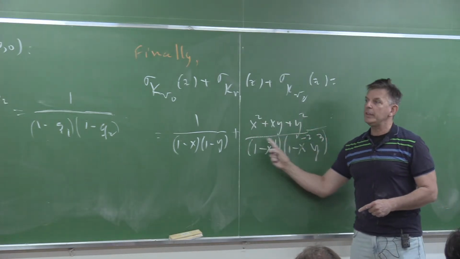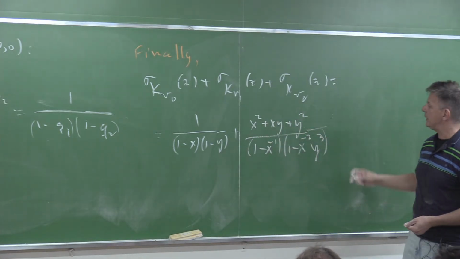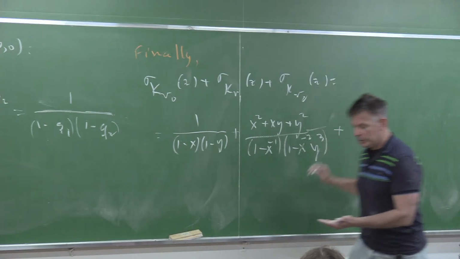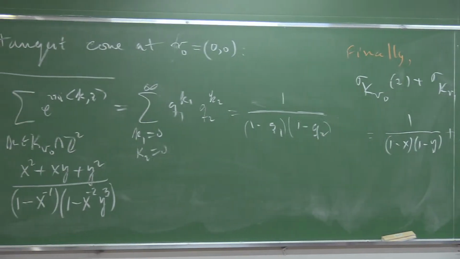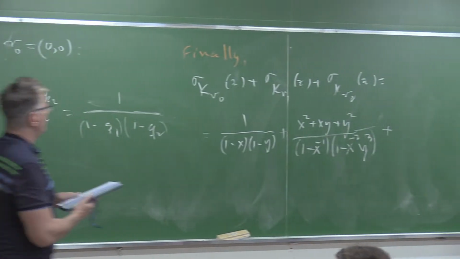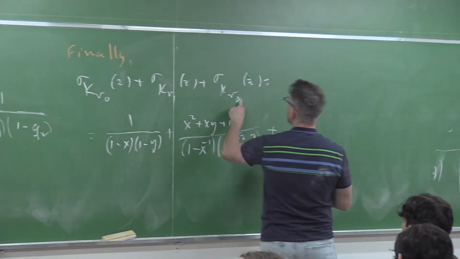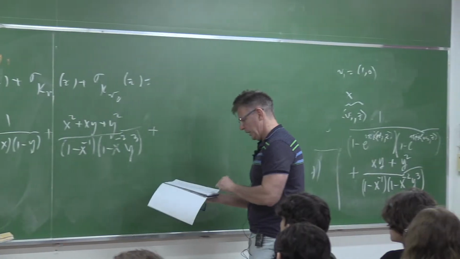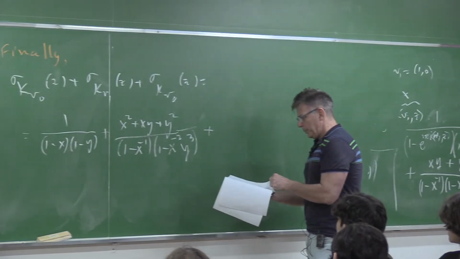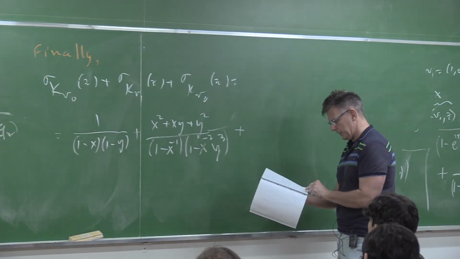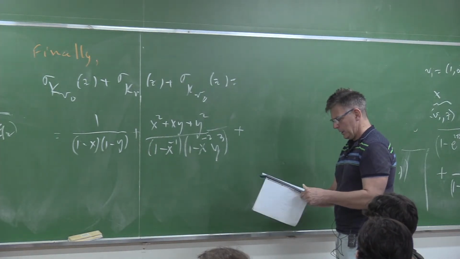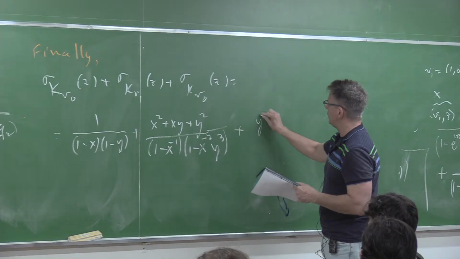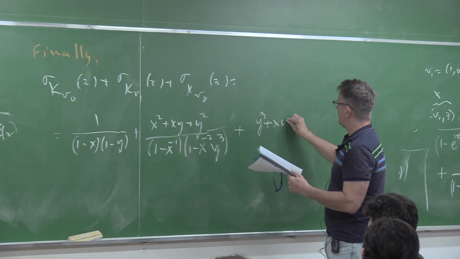The complicated thing is the numerator, as you can see. And then the third thing, just to save us time, I pre-computed because I knew that we would run into time constraints. The third thing, the rational function, vertex tangent cone at V2, turns out to be, let's see what it is, y cubed plus xy.